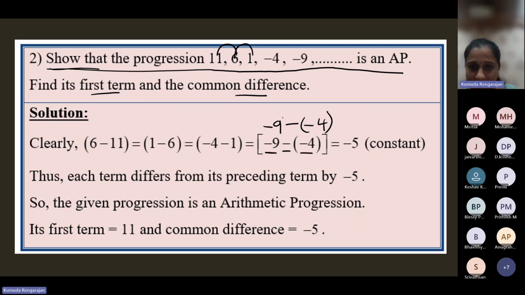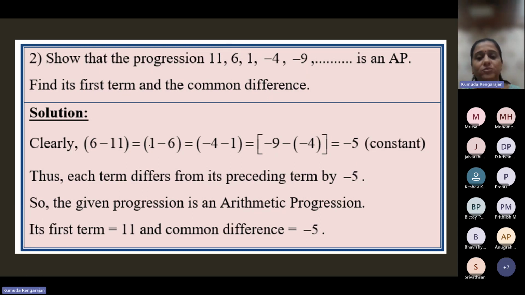So it's -9 minus -4, so it's -9 plus 4, which is -5.